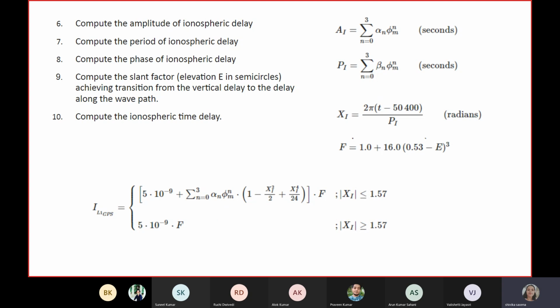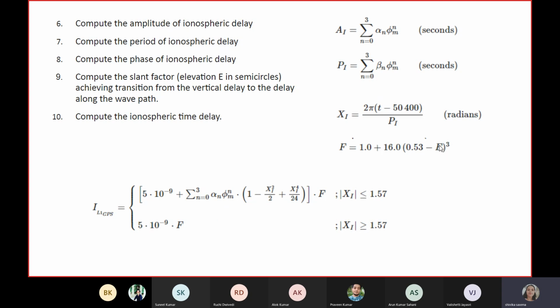Next, the slant factor is computed, achieving transition from vertical delay to the delay along the wave path. So again, the slant factor is like a mapping function. We are converting vertical delay to slant delay. Then we finally compute the ionospheric time delay. The slant factor capital F is a function of elevation E in semicircles.